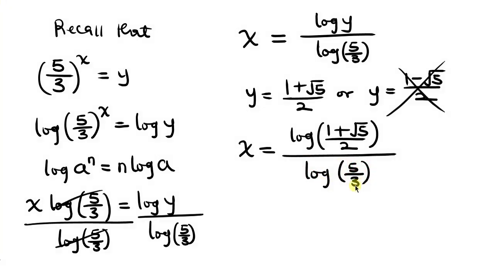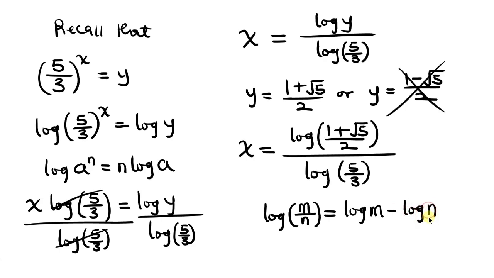Very good. Now we're going to be applying the law of logarithm on the numerator and on the denominator. So the law of logarithm, which says when I have the log of m divided by n, this is equal to log m minus log n. Very good.